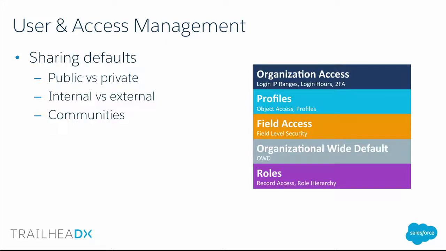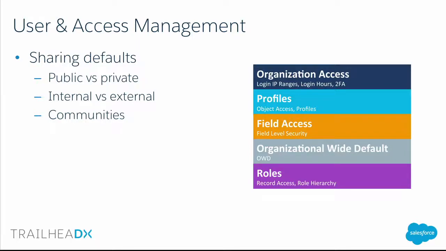Internal sharing defaults are generally for people who have a direct login to the org. External sharing defaults are for people coming in through public-facing communities or portals, maybe external Chatter users. You need to be very careful with those sharing defaults.